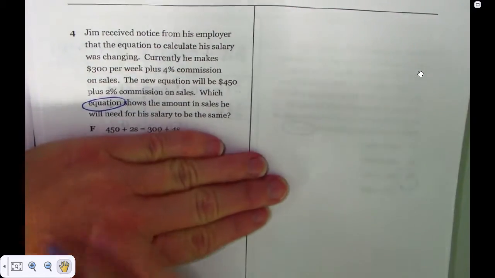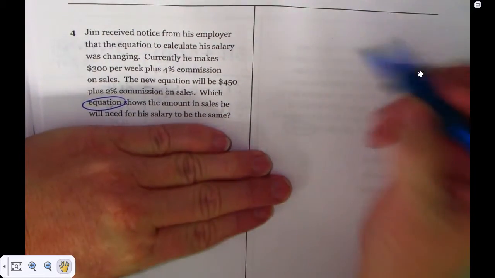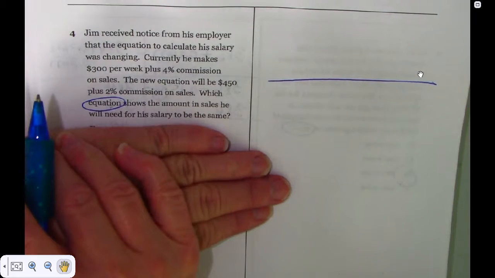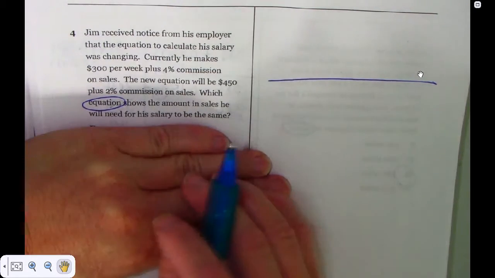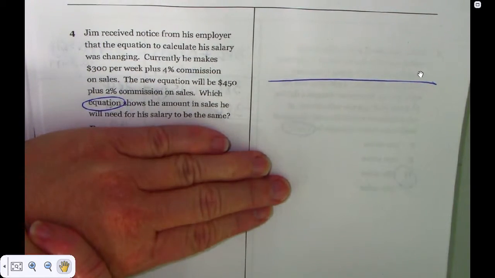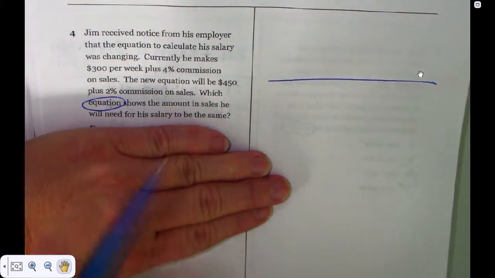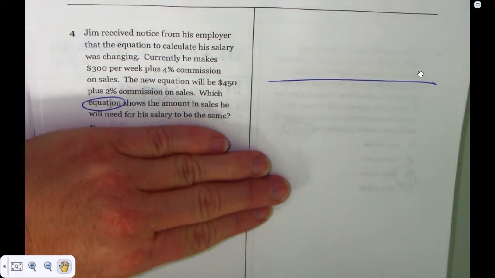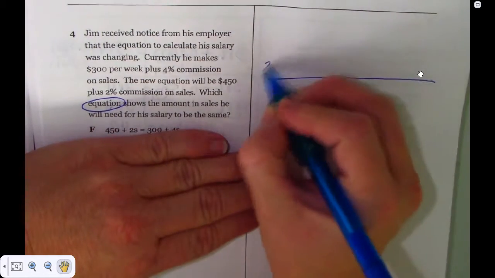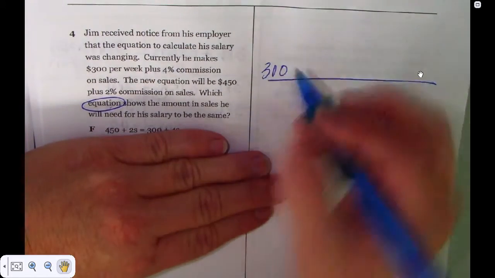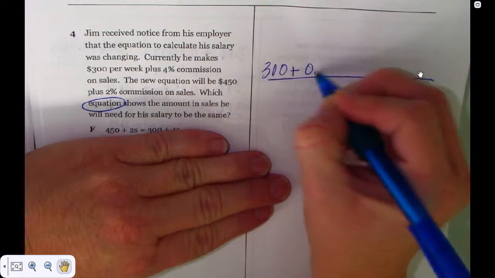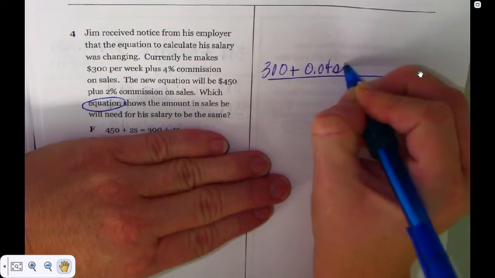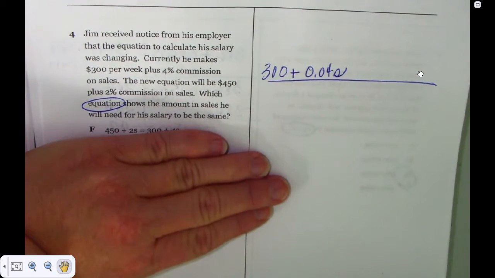So you cover up the answer choices, and you have to write your own equation, just like you would do if I didn't have the answer choices there. You're pretending they're not there. That's how you show work. So right now he's making $300 a week plus 4% of his sales. You have to change 4% to a decimal times his sales.